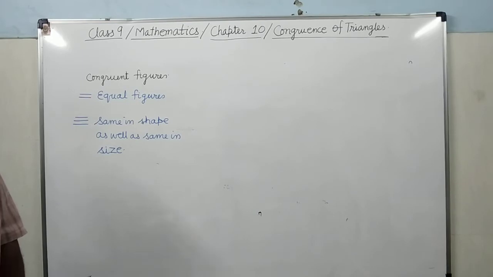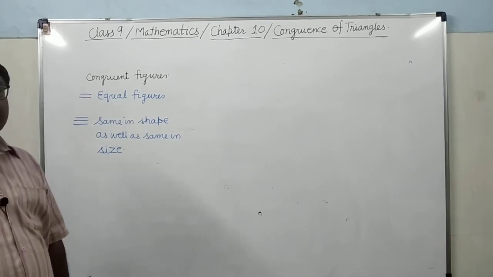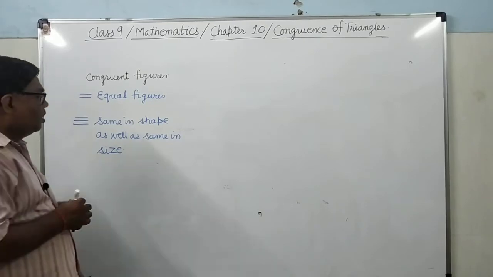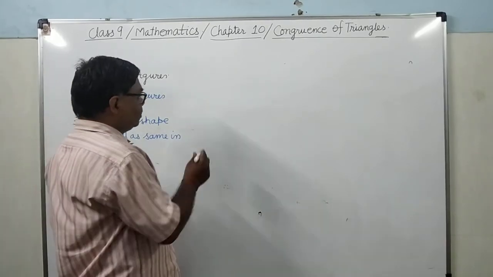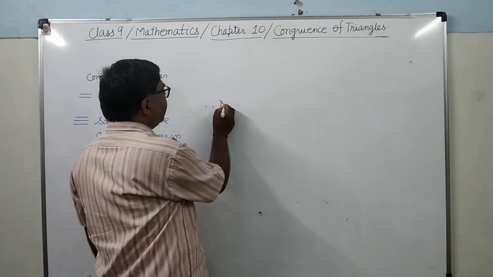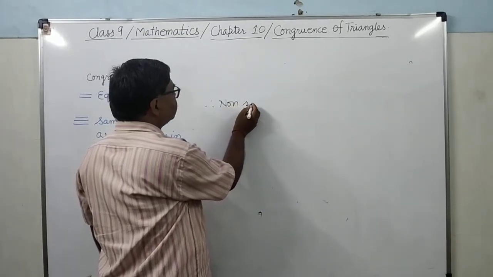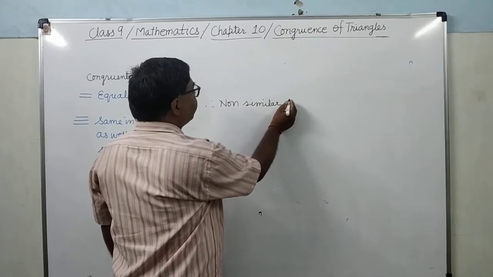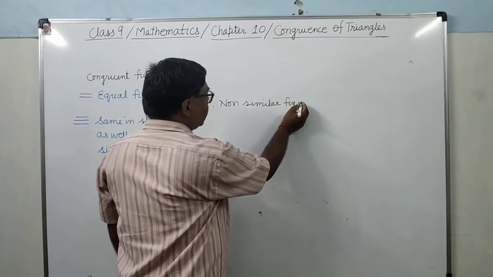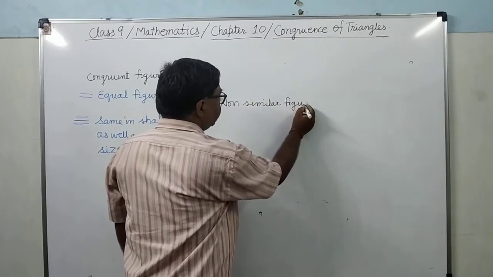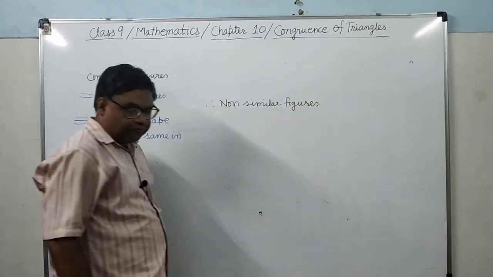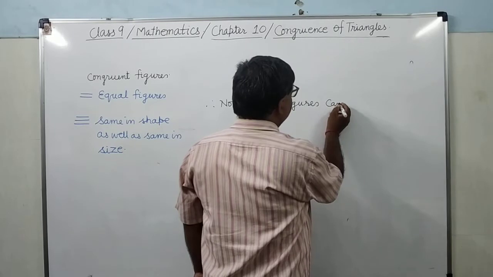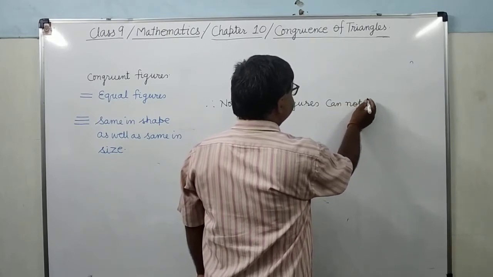Means non-similar figures cannot be congruent. Non-similar figures means those which are not having same shape. Non-similar figures cannot be congruent.